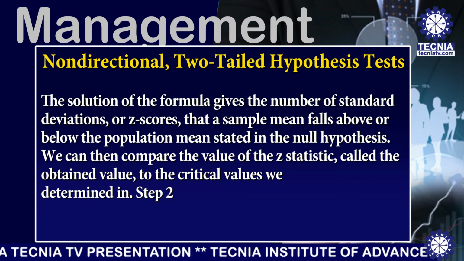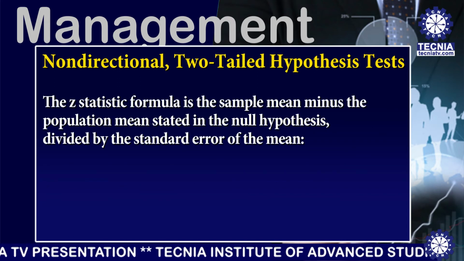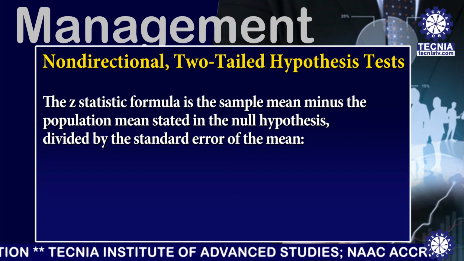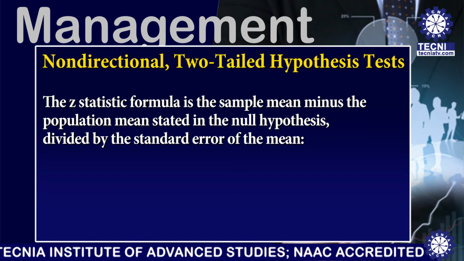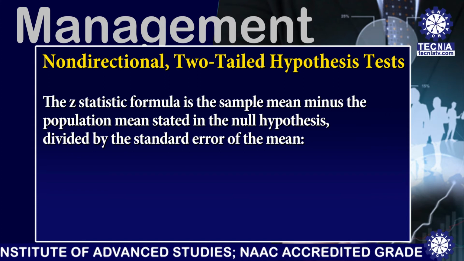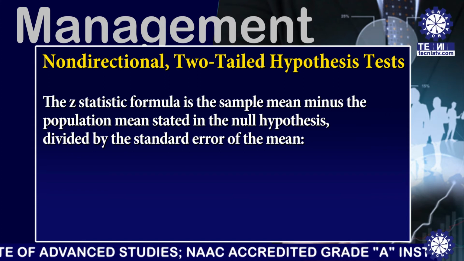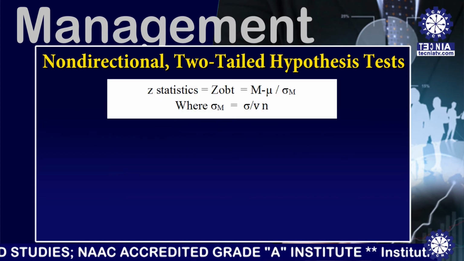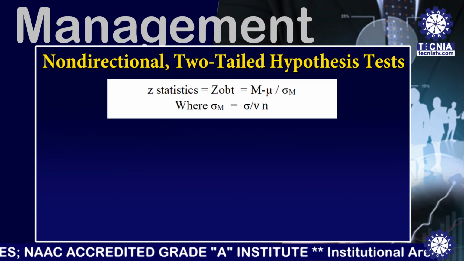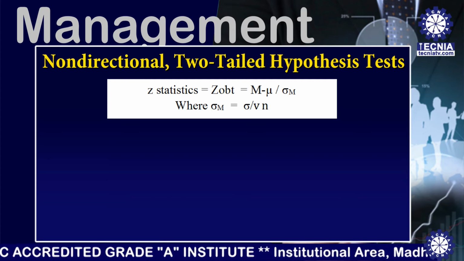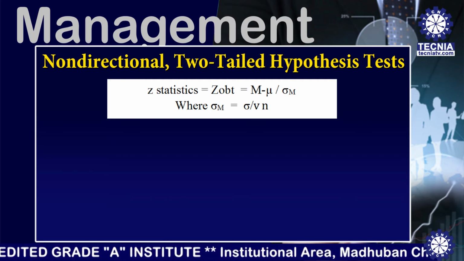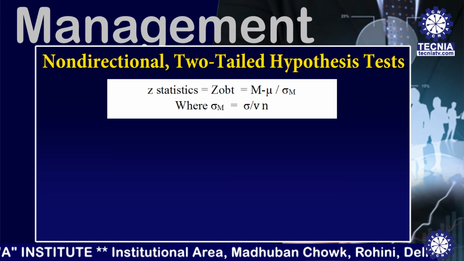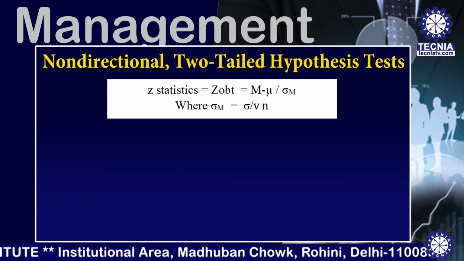The Z statistic formula is the sample mean minus the population mean stated in the null hypothesis, divided by the standard error of the mean. Z statistic equal to Z obtained equal to M minus mu divided by sigma M, where sigma M equal to sigma divided by root n.